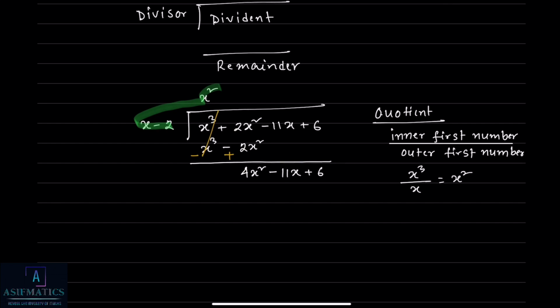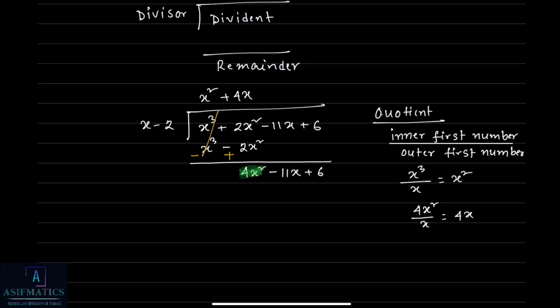Now a similar thing we will continue and repeat the process. For the next step, 4x squared is your inner first number, and your outer first number is x. So 4x squared divided by x is 4x. Your second quotient here is plus 4x.